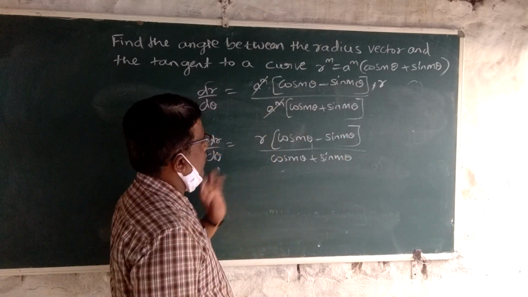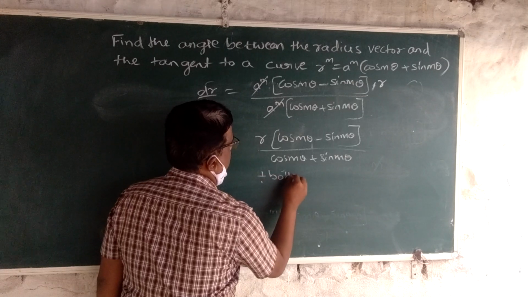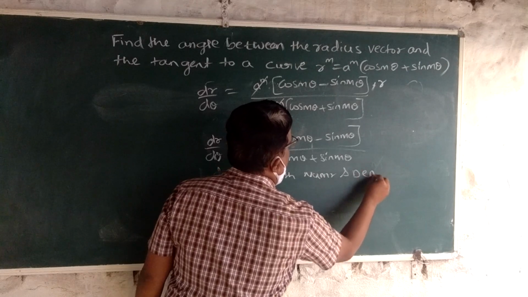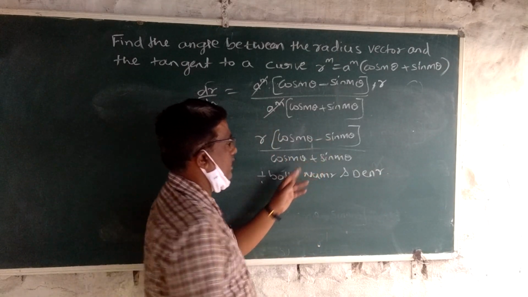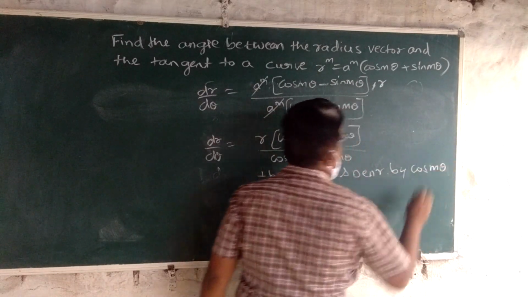Now we divide both numerator and denominator by cos m theta.